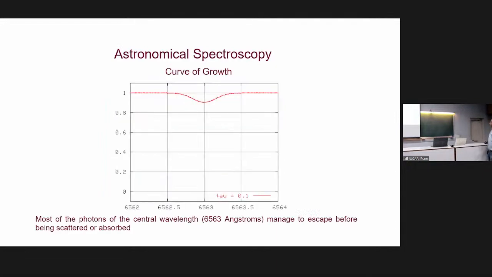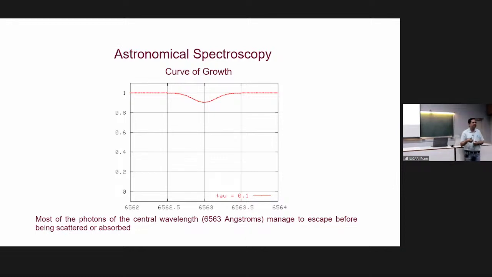Now, how does this equivalent width change as we increase the number of atoms or molecules in the absorbing media? What happens is when the optical depth is less, when we have an optically thin environment where the optical depth is less than 1, something like that, those are optically thin environments.